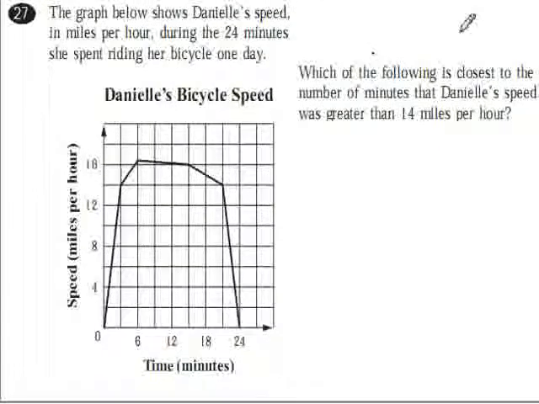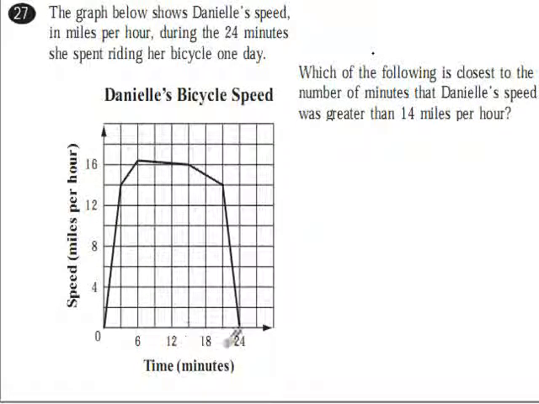27. The graph below shows Danielle's speed in miles per hour during 24 minutes she spent riding her bicycle one day. Which of the following is closest to the number of minutes that Danielle's speed was greater than 14 miles an hour? So if you look at this, the bottom of it is in minutes, right?